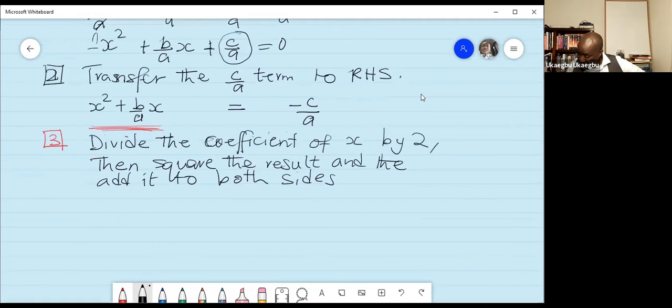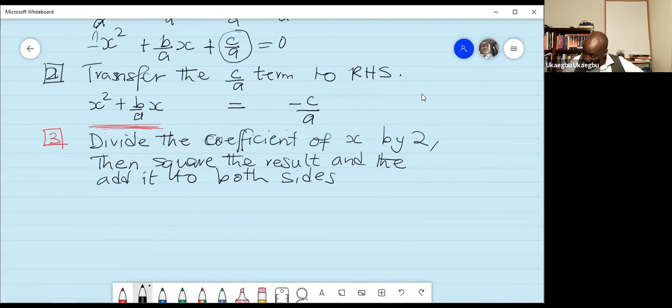Let's divide the coefficient of x. The coefficient of x is b over a. So let's just say b over a divided by 2, right? So we are going to use a primary school method that is called keep, change, flip.